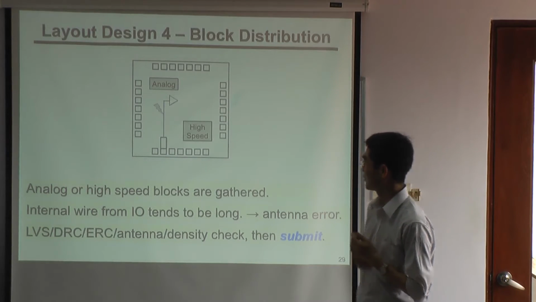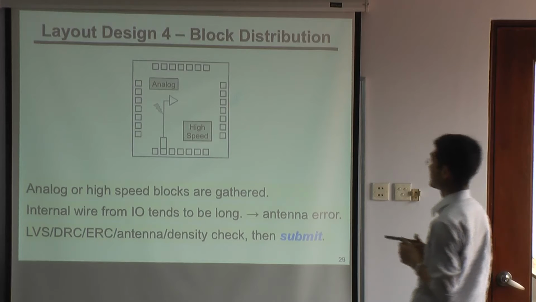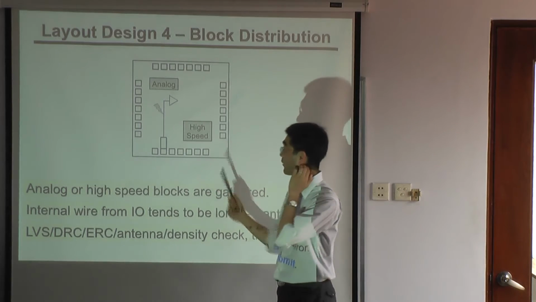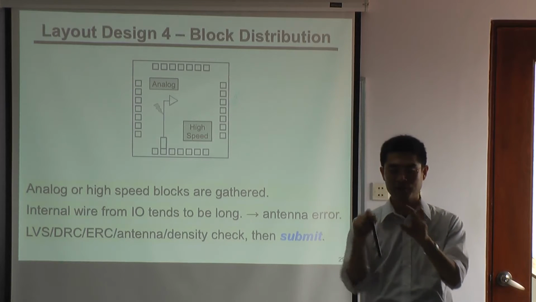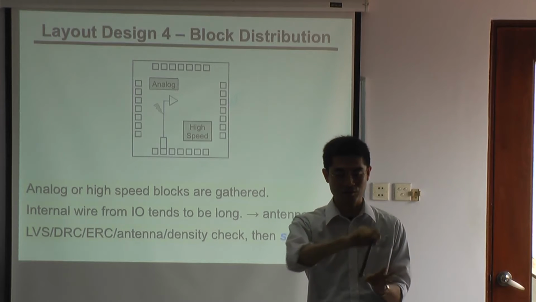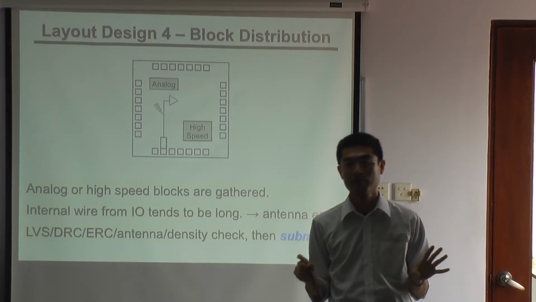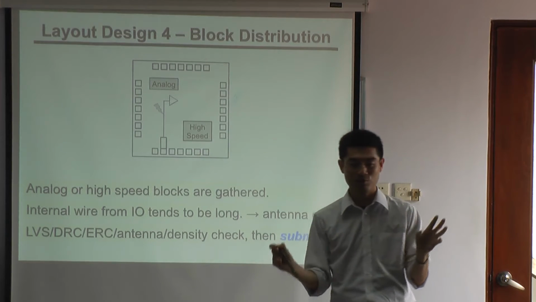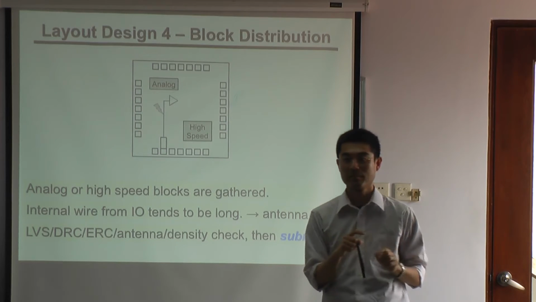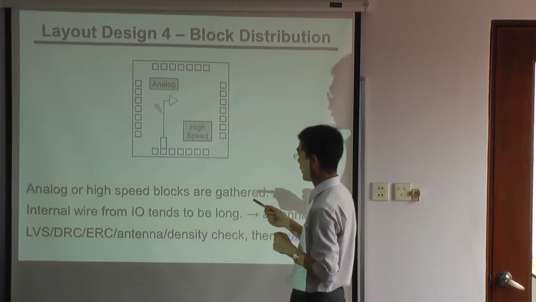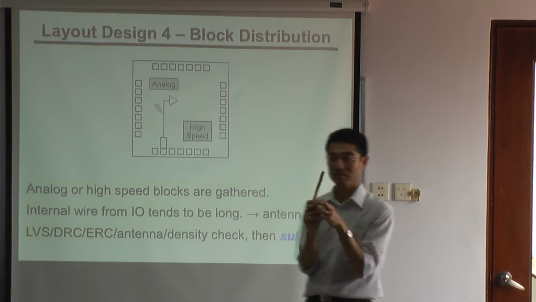And block distributions. For example, you have an analog circuit and a high-speed circuit. If an analog circuit is distributed along the chip, it might be difficult to protect it. So sensitive circuits should be gathered into one place so that it is easy to protect them. The analog or high-speed blocks are gathered in one place; that's easy to protect.